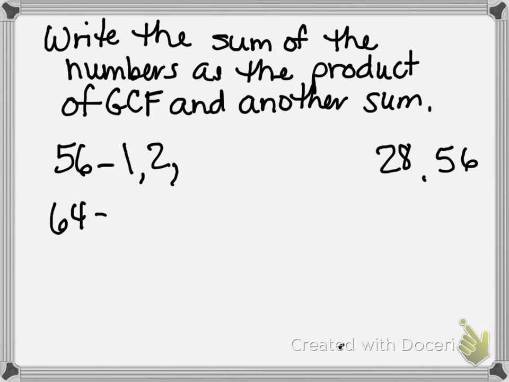Okay, so the rule of 3 is if I add the digits and 3 goes into that sum, then it's divisible by 3. Well, 5 plus 6 is? 11. Does 3 go into 11? No. Zach, I need you to quit playing on the calculator now. Yep. So we know 3 doesn't go into it. Does 4? Yes. How many times?